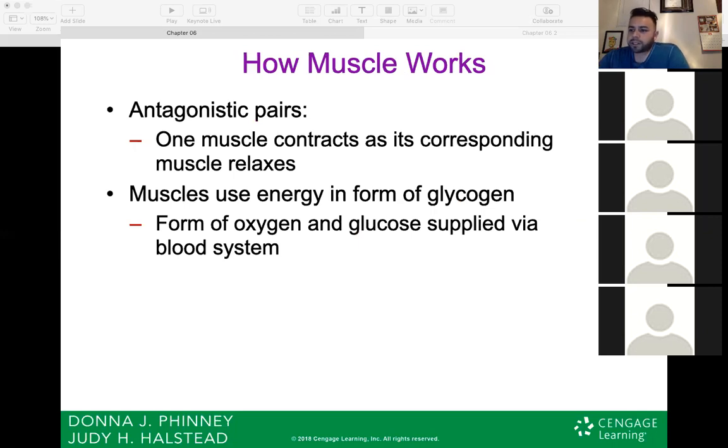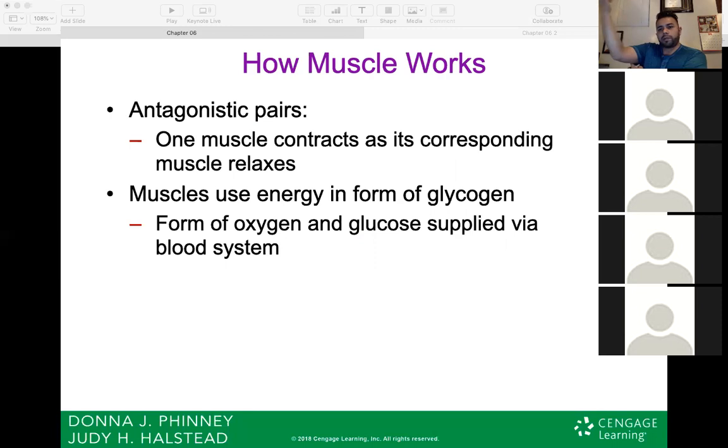And ligaments are bands of fibrous tissue that connect or support two or more bones. So muscles contract and relax to provide movement and function in antagonistic pairs, which means that when one set of muscles contracts, its corresponding set relaxes. For example, when you move your arm this way, the bicep contracts and the tricep relaxes.